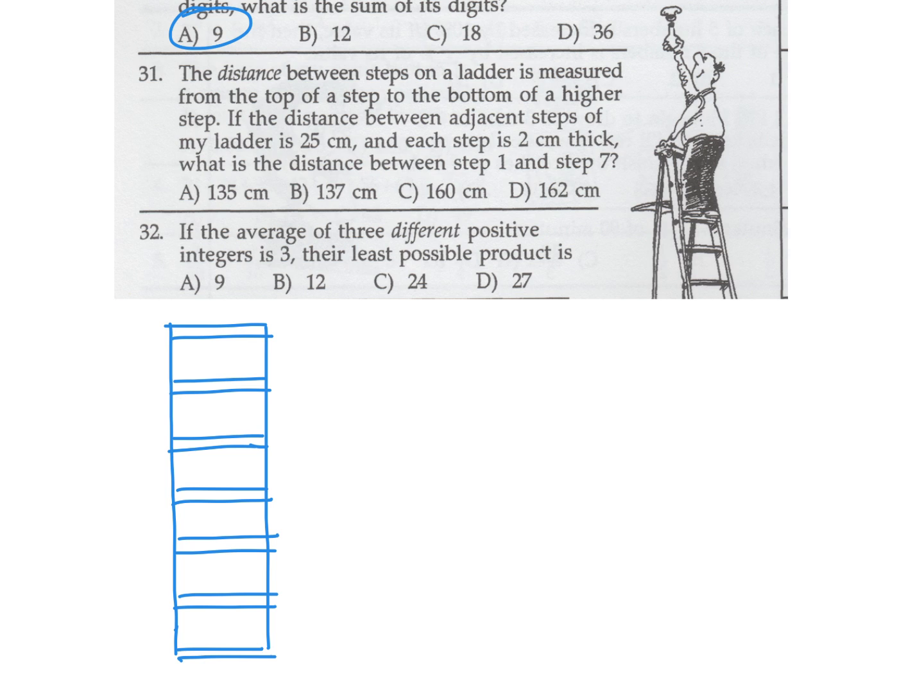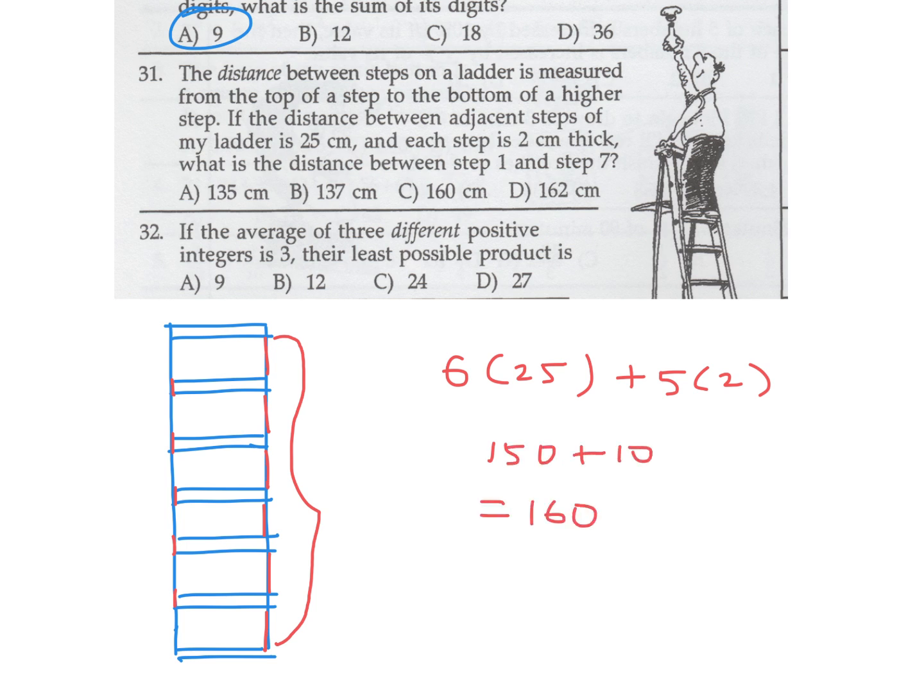Based on everything they say in the question, it's from here till here. So 1, 2, 3, 4, 5, 6 of those gaps, and each of those is 25. And then 1, 2, 3, 4, 5 of the thickness of each step. So 5 times 2. So this looks to me like 150 plus 10, which is 160. So C is the answer to number 31.